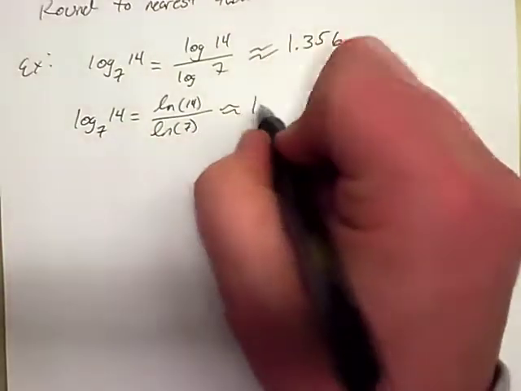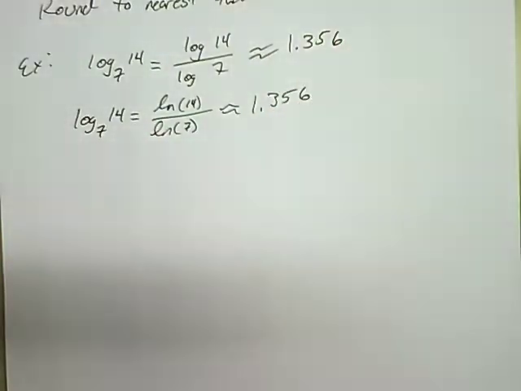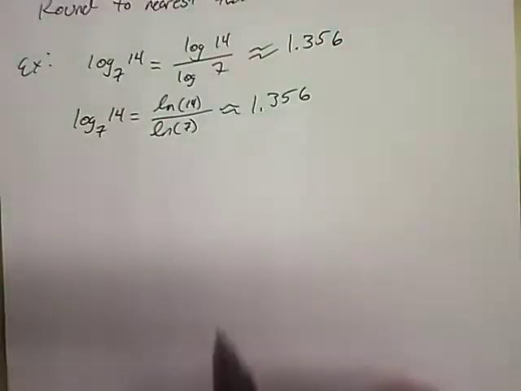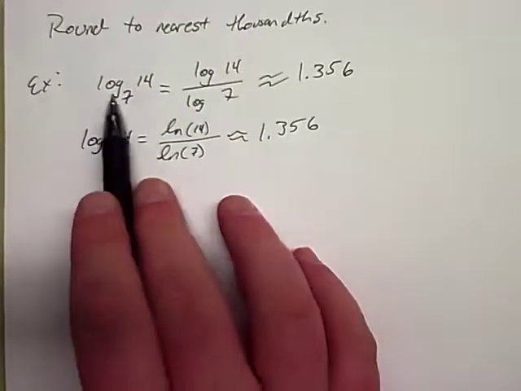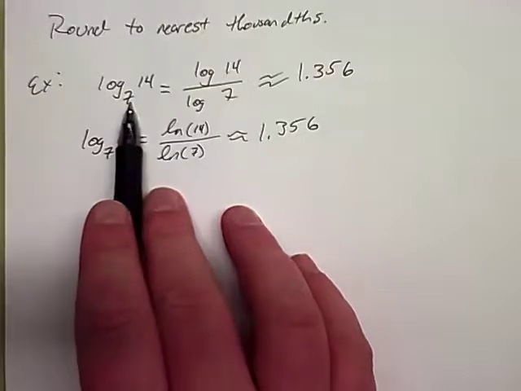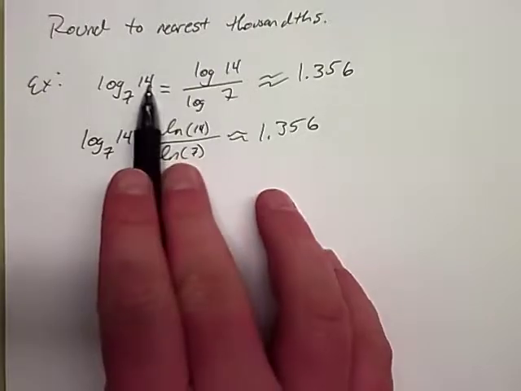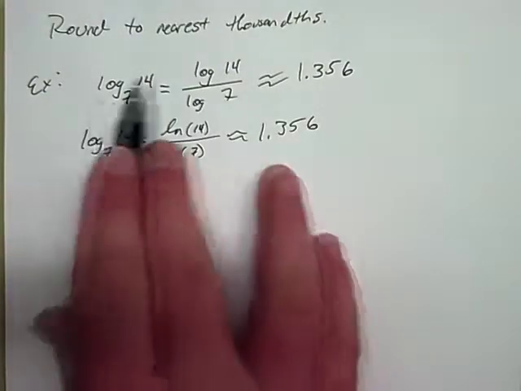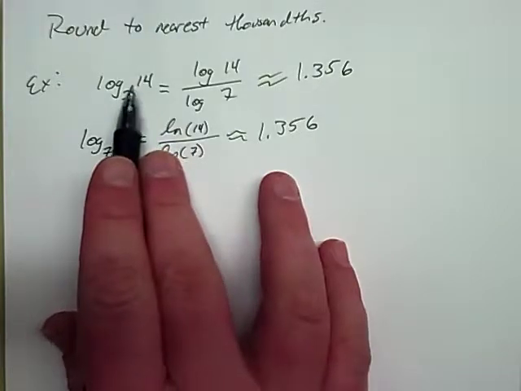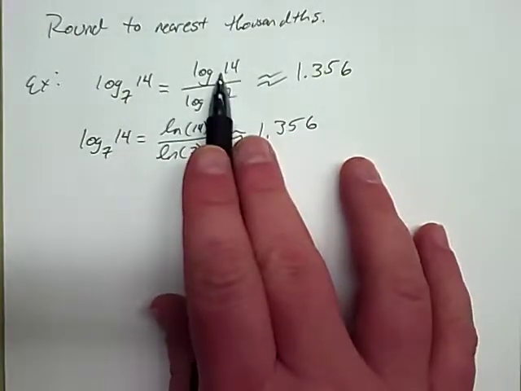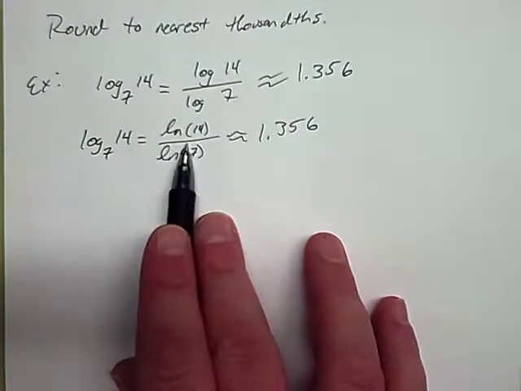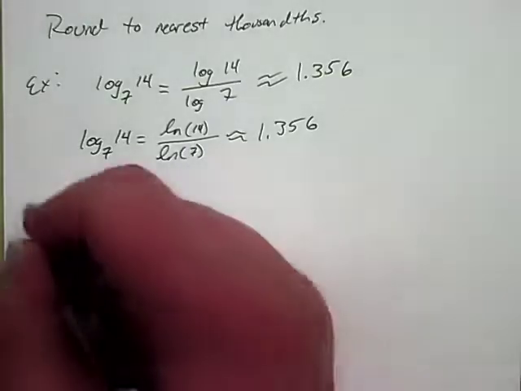So I get the exact same thing, which tells me one thing very loud and clear. Whenever my base is a number and my argument is a number, I can always find out the value of it, and I can choose either log base 10 or the natural log, which is log base e.